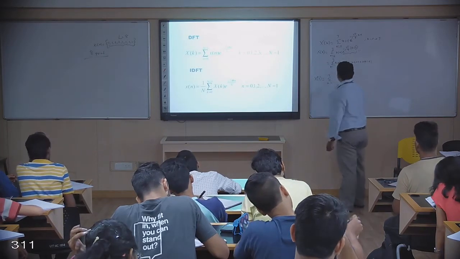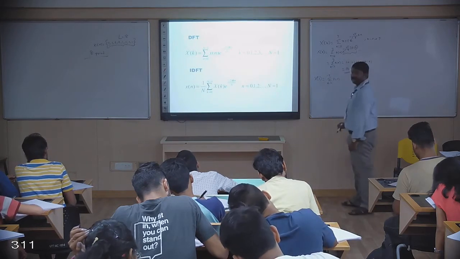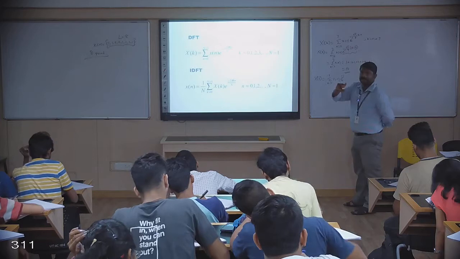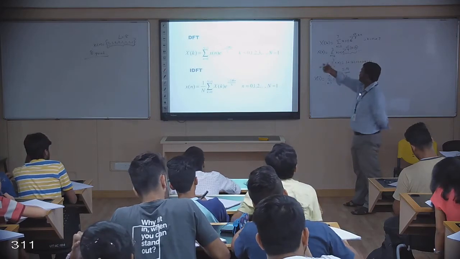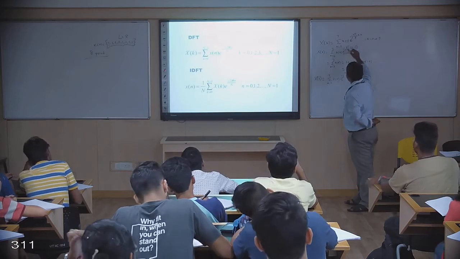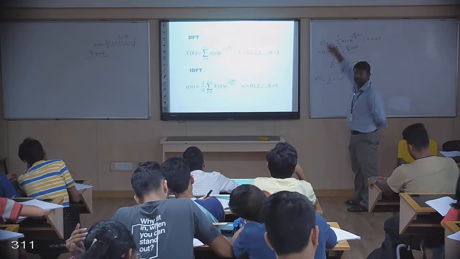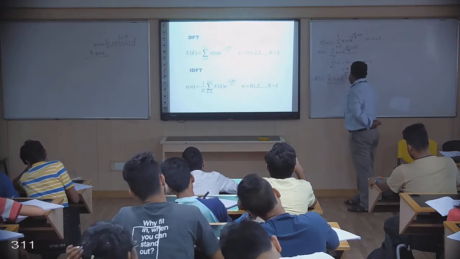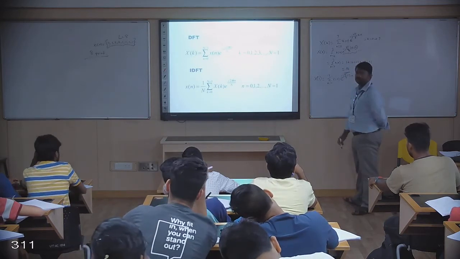Sum from 0 to 7, x of n e power minus j. Please listen here, I can make some simplification in the beginning itself, because it's 2 pi by 8, I can make it as pi by 4 in the beginning itself. So pi by 4, k is 1 into n.